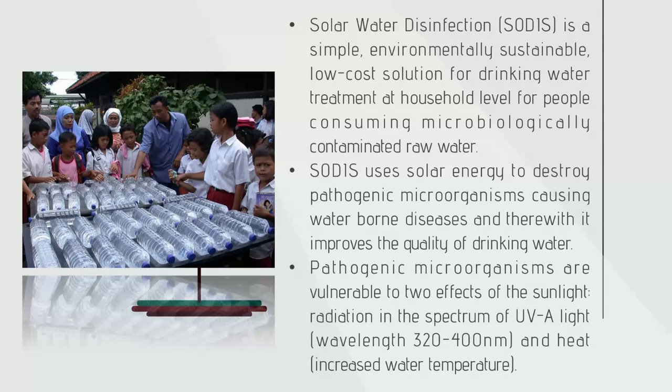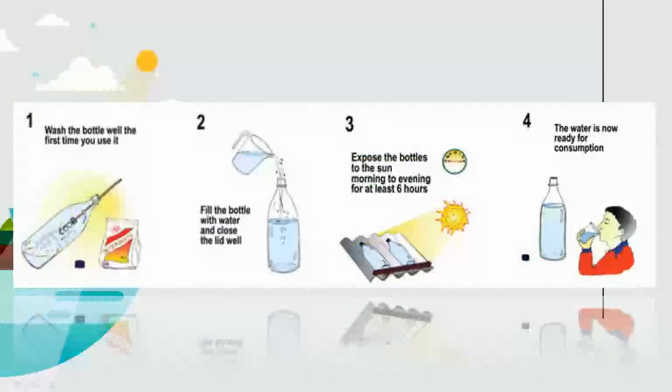So pathogenic microorganisms are vulnerable to two effects of the sunlight: the radiation in the spectrum of UVA light, and heat. So these are the four easy steps of SODIS. First, wash the bottle well the first time you use it.